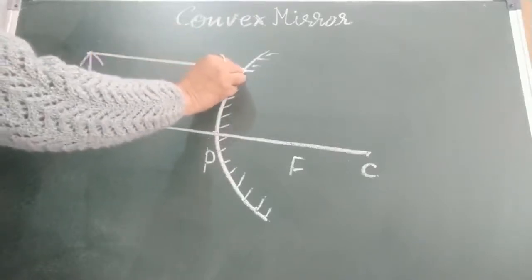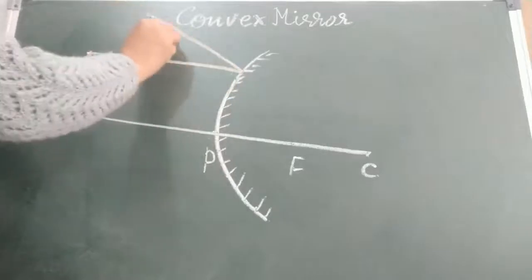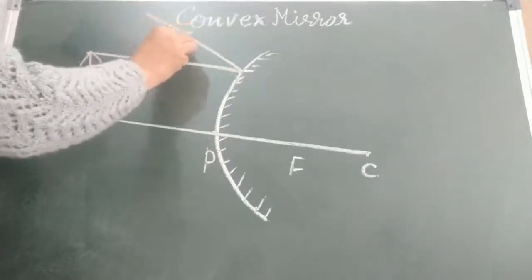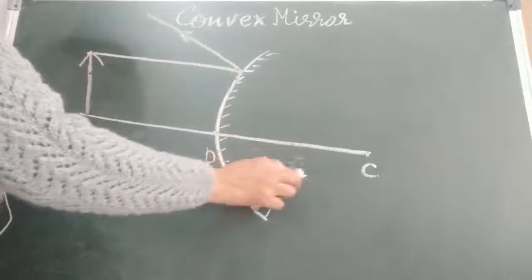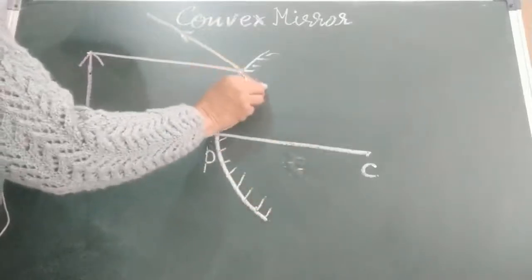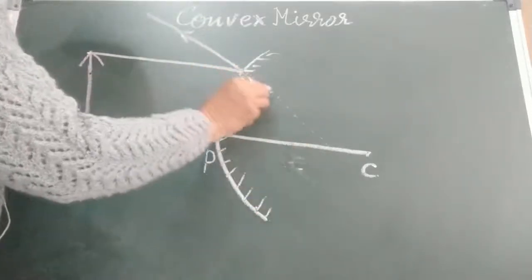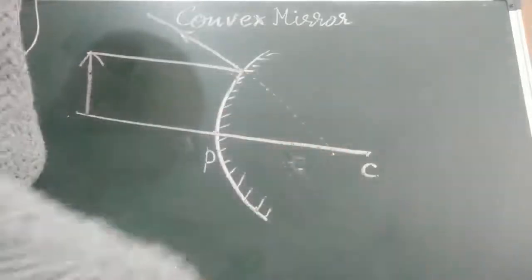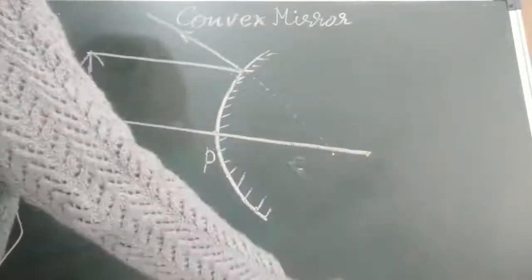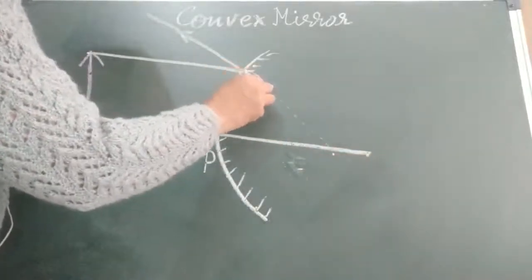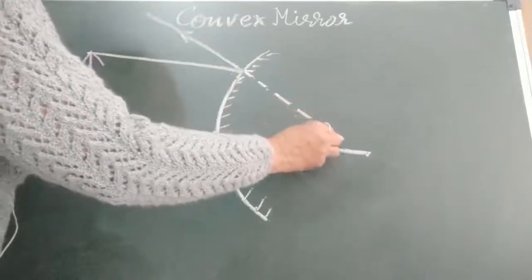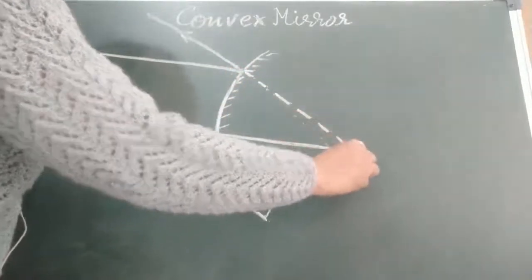And it seems this ray is coming from somewhere here. If we extend this, we will find, children, this is the focus from where the ray seems to be coming. Suppose this is the focus.